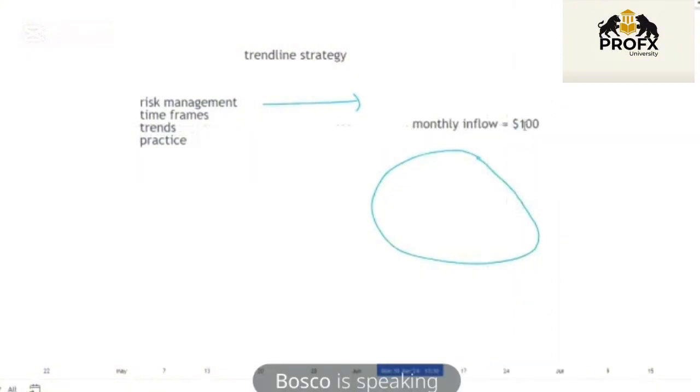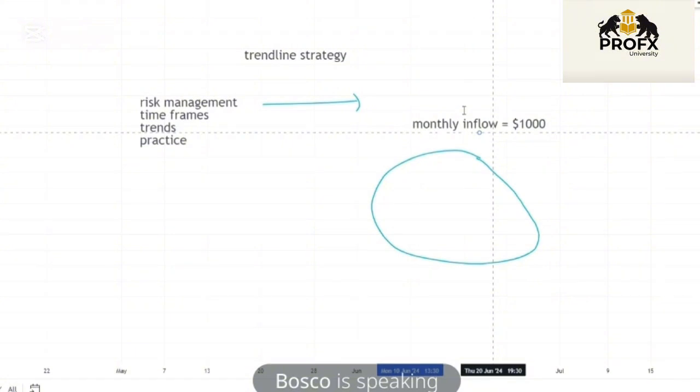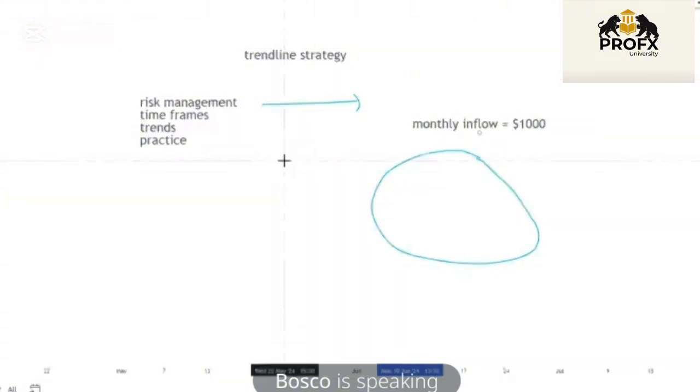This is going to teach us how to manage this $1,000 so it will not affect other things you are doing. It will not affect our lifestyle, our trading, our investments, or our savings.